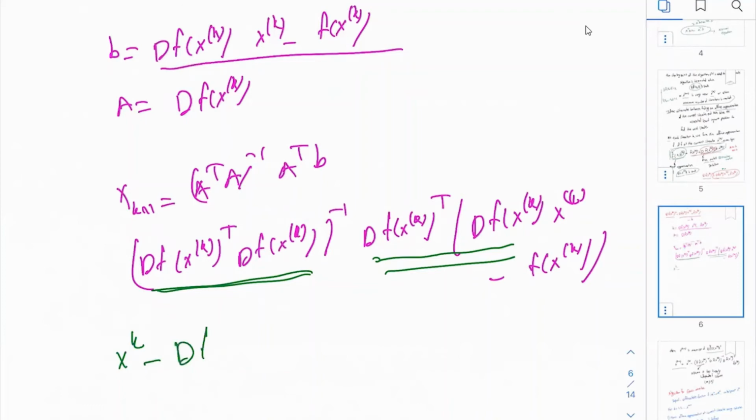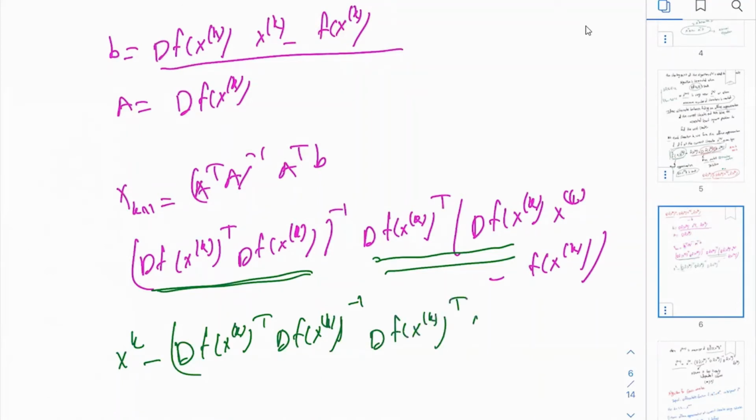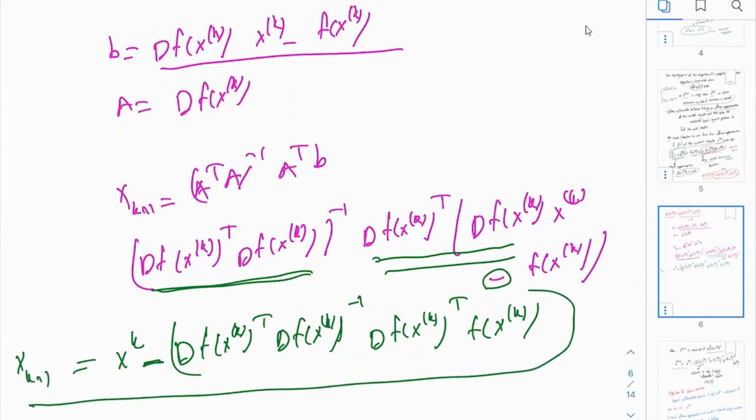Minus d f of x of k transpose d f of x of k inverse d f of x of k transpose f of x of k. And the minus is coming from this, right? So this is going to be x k plus 1.